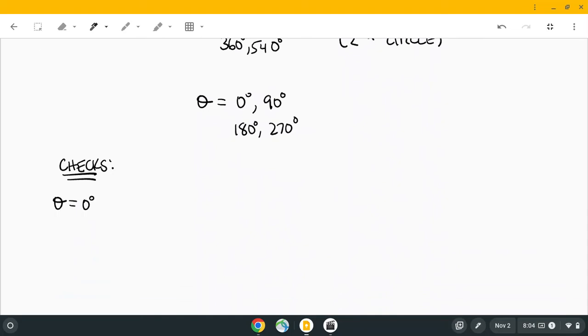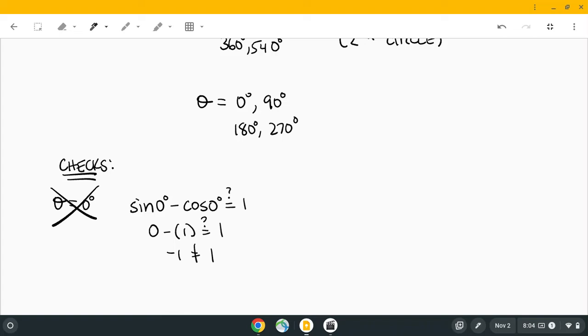So let's try 0 degrees. Sine of 0 minus cosine 0 equals 1? Sine of 0 is 0. Cosine of 0 is 1. So does this equal 1? No. Okay, so this is not an answer.